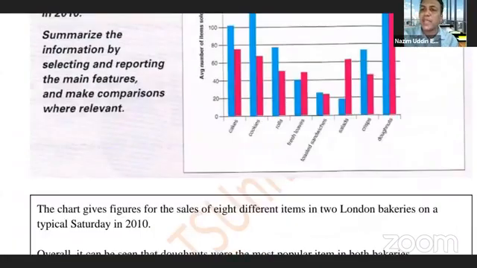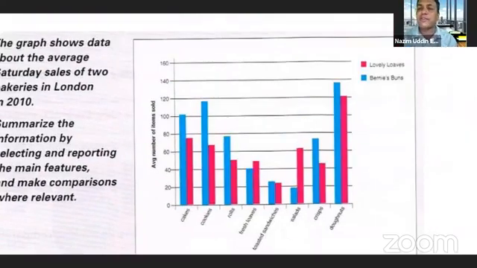Now you have to make the second paragraph. In the third paragraph, you have to write the comparisons, in terms of comparing Lovely Loaves and Barn Bakery sales.